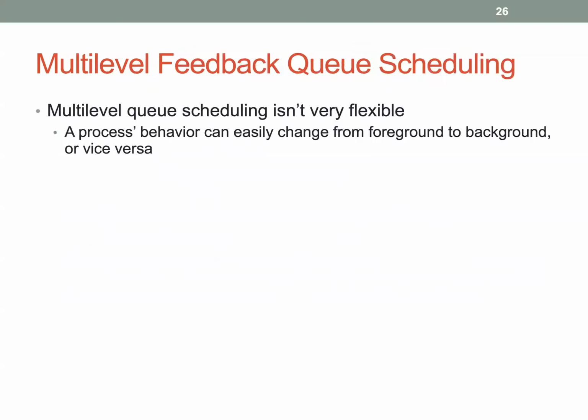All right. Where we actually see this implemented is a variation of multi-level queue scheduling called multi-level feedback queue scheduling. This is the one that is super popular, and it's been used in most operating systems except for Linux. Linux has been on this wild different variation, which I'll talk about next time.